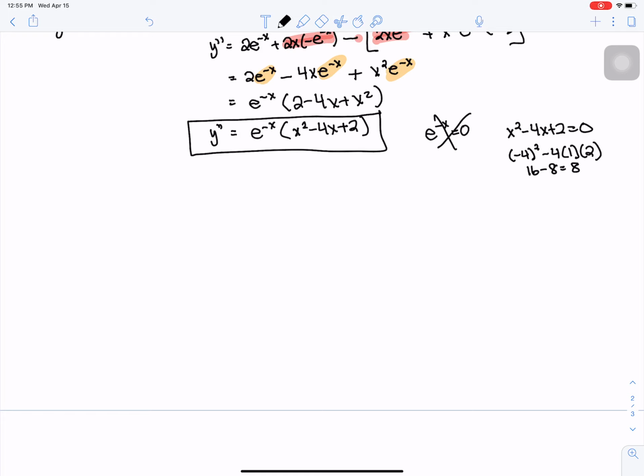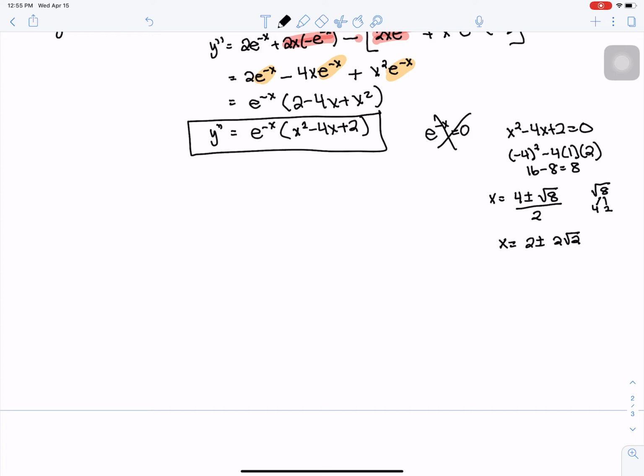I get a positive discriminant, which means I am going to get solutions. x is equal to 4 plus or minus root 8 over 2 times a, which is 2. And clean that up. I divide each term by 2. So 2 plus or minus the square root of 8, which is 4 times 2, so this would simplify to 2 root 2.